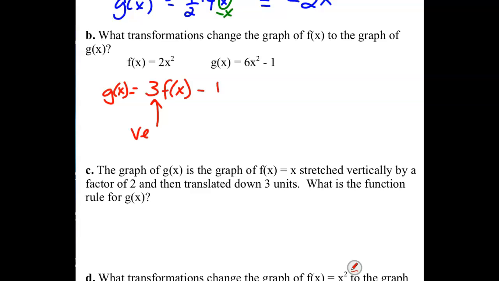Okay, so we did a vertical stretch, and then our abbreviation is BFO, by factor of 3. We did a vertical stretch by a factor of 3. And then we did what? We did what kind of translation? Down 1. Okay.